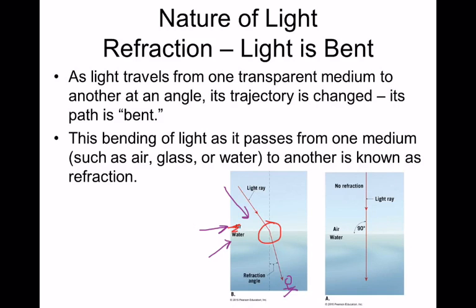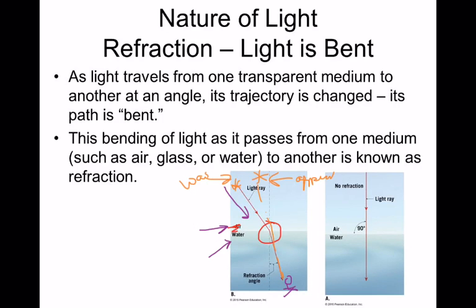It will look like that shaft of light came from up here. That's where it will appear to come from, even though it really came from here, and it was bent. This is what appears, and this is where it really originated from. There's a lot of cool tricks that light can play on us like that. So refraction occurs as light travels from one medium to another.